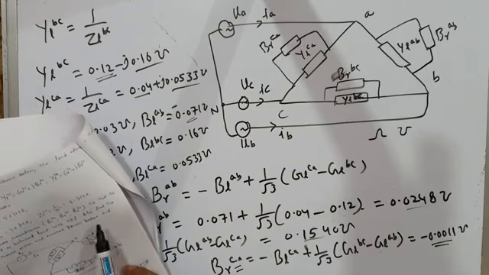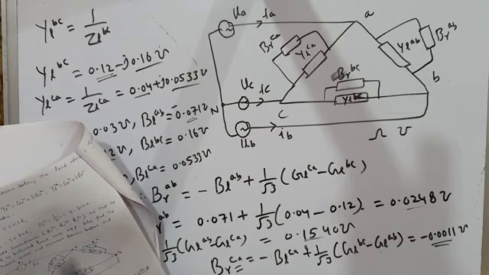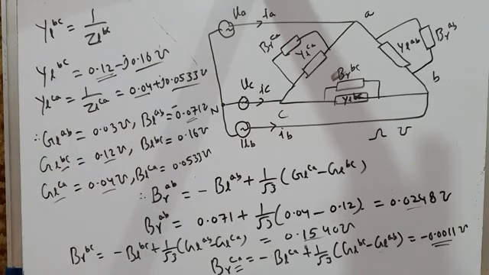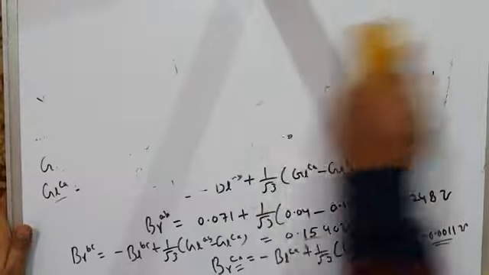Furthermore, you have to also find the line currents and source active and reactive powers before and after compensation. Now you have two situations: before compensation and after compensation. So you have to first of all find line currents before compensation and then after compensation.